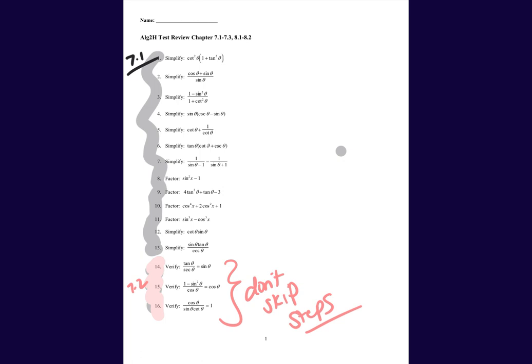The work is how you're going to get some credit. There's 3 of these, that's the only thing for sure I counted. I want to say there's 4 or 5 of these. And then there's 15 total questions, so the rest is 7-3, because 7-3 also pulls from that stuff, like you're using your identities to replace things.